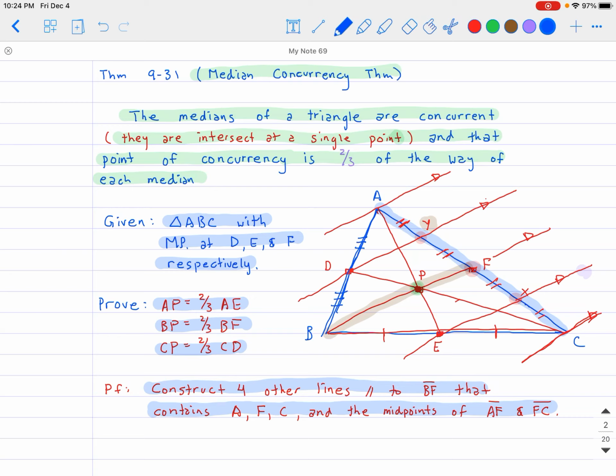But more importantly, what I want to focus on is AP, to show that it's 2/3 of AE. Here's AP. This guy right here is congruent to this guy, is congruent to this guy.